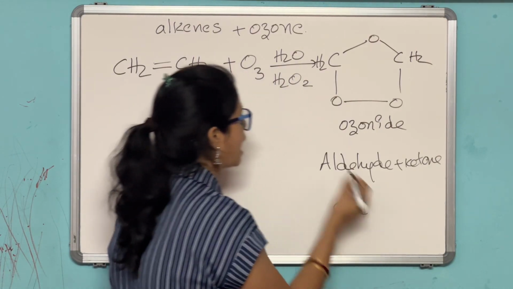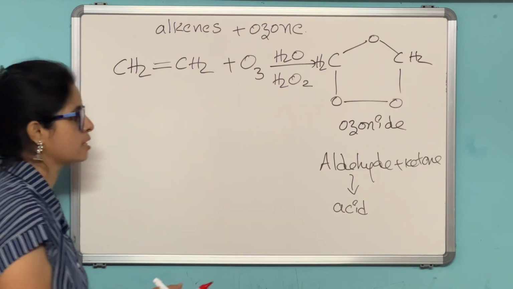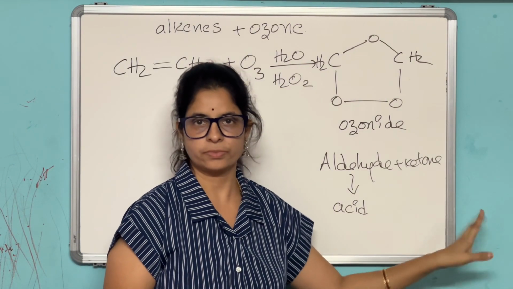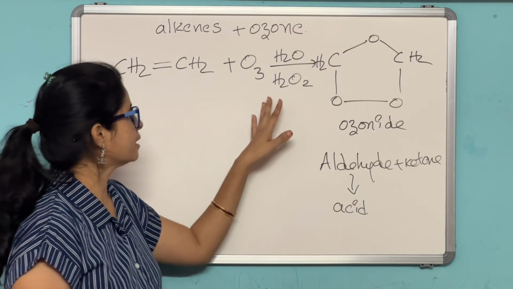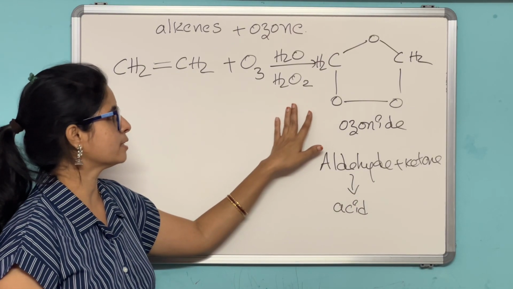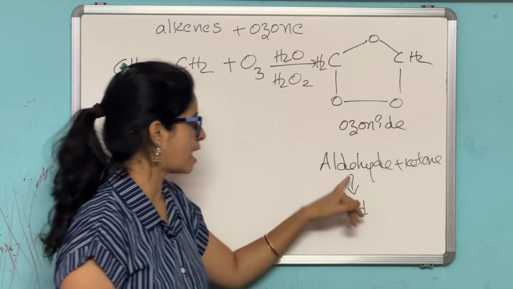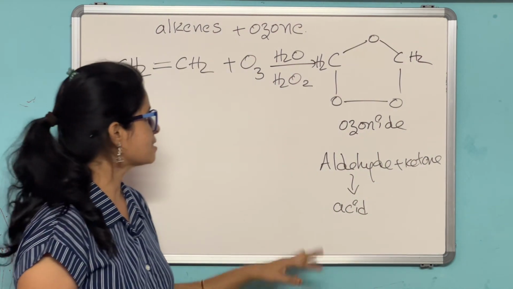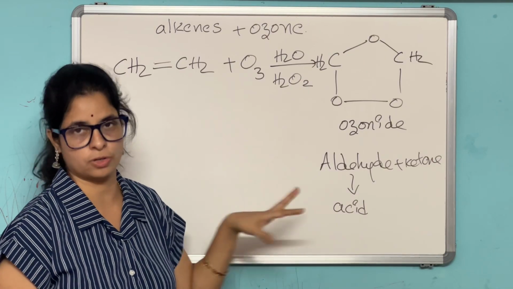So finally under these oxidative conditions, we get acid plus ketone. Aldehyde is further oxidized to acid if it is an oxidative ozonolysis.